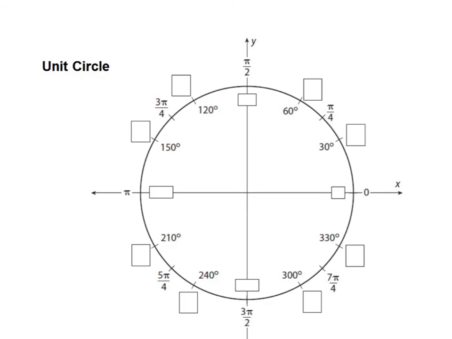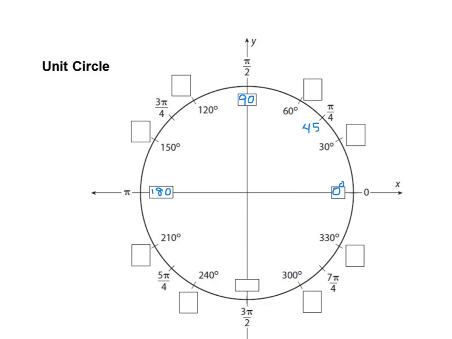So let's start with the degrees. Starting here we have 0 degrees and we have 30 degrees. Halfway, I know 90 is up here, I can go ahead and fit in 90. So halfway between 0 and 90 is 45 degrees. Continuing around, I'm going to go here and put 180. So from 90, I have 120.